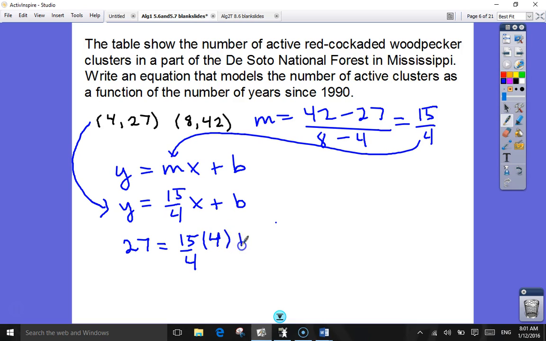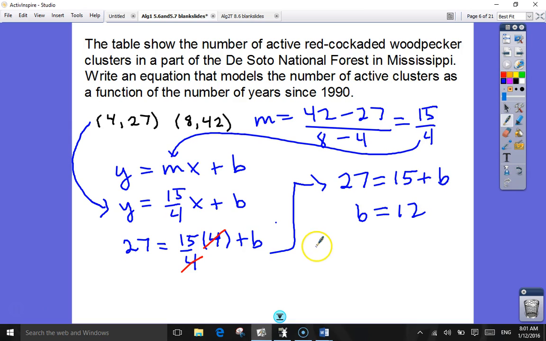Well, that's convenient. Plus b. The 4's cancel. So we can do 27 equals 15 plus b. So what does b equal? B equals 12.